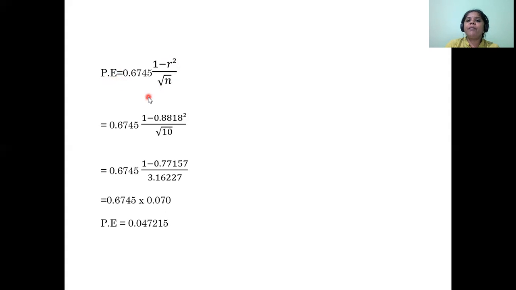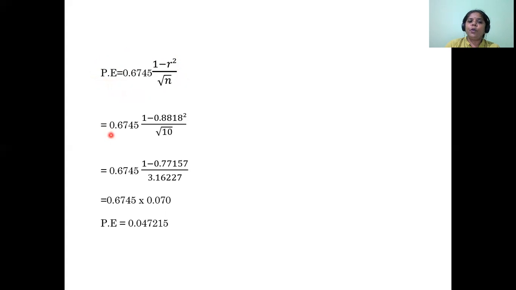Sometimes for section C, they are going to ask the question, calculate the coefficient of correlation and also the probable error. At that time, you compulsorily have to find the probable error.